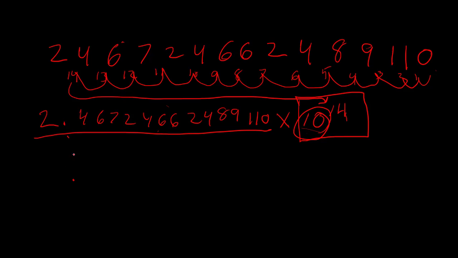So it would be this number here times 10 times 10 times 10 times 10 all the way up to 14 times, and that would give us the original magnitude that we had.